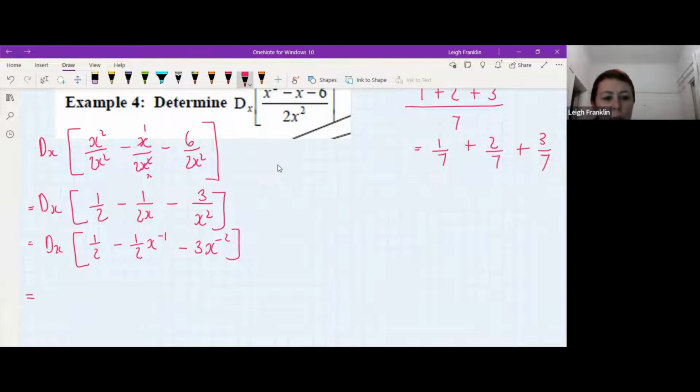Second term, minus 1 times a minus half is a positive half. Take 1 away from the exponent. Third term now, negative times a negative is a positive. 3 times 2 is 6. X, take 1 away from the exponent. I'm going to end up with negative 3.